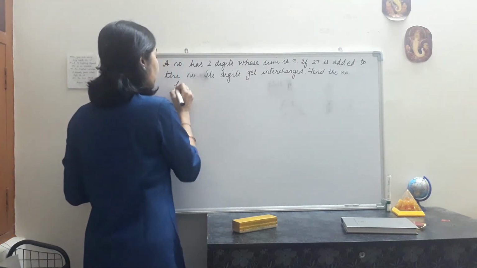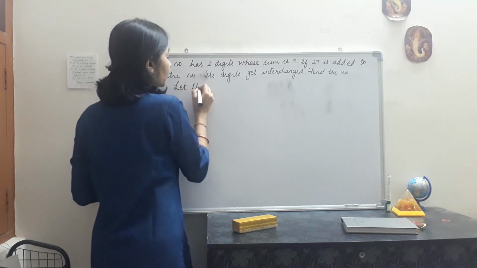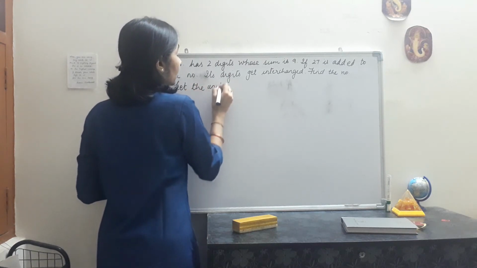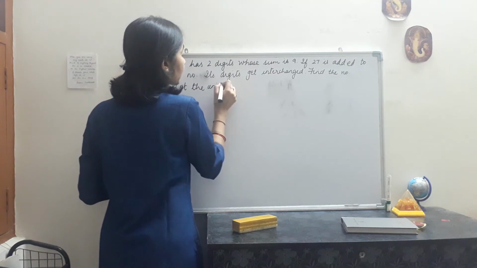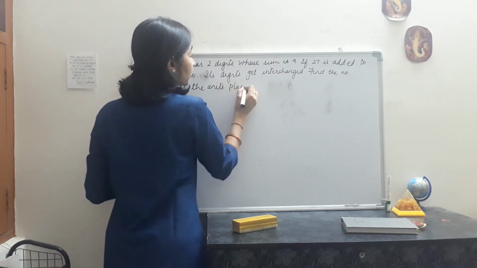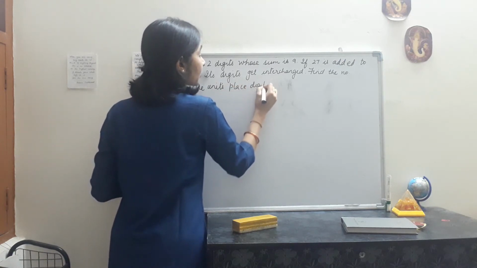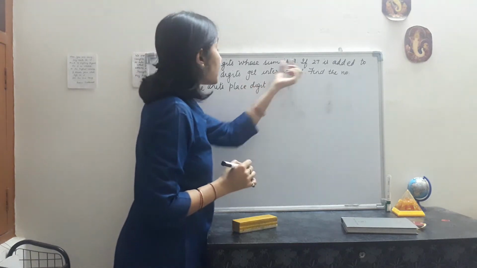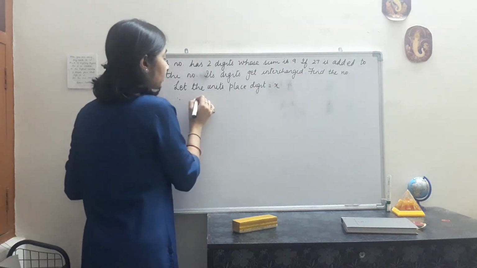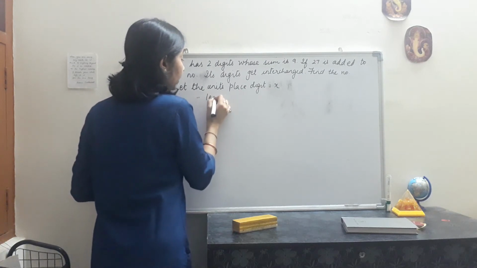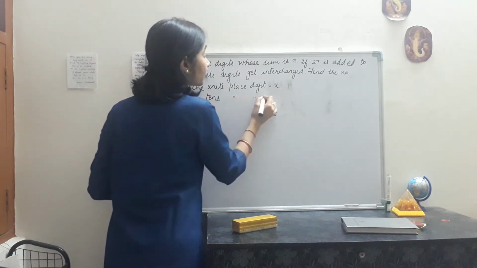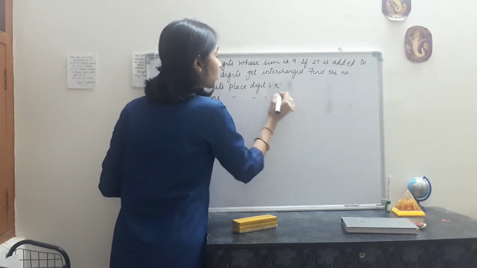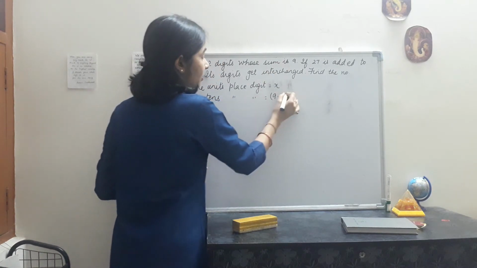So let us suppose the units place digit is equal to x. Now the sum is 9. Therefore the tens place digit is equal to 9 minus x, because the sum is 9.